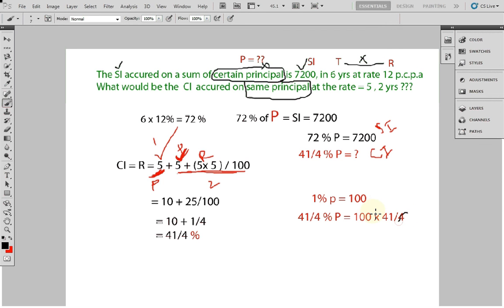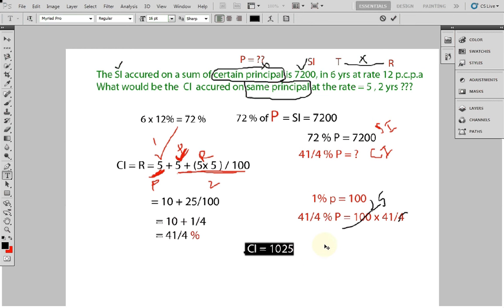Here 4 gets 25 times cancelled. What will be the value? 25 ones 25, 25 fours 100, 1025. It's nothing but a simple compound interest here. This is the answer of the question.